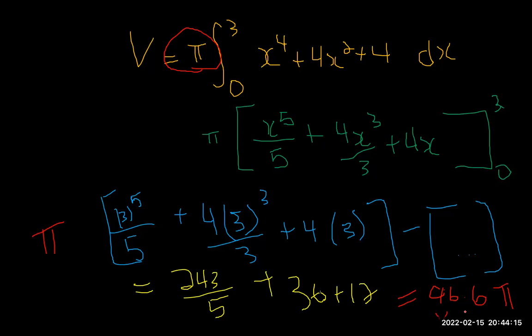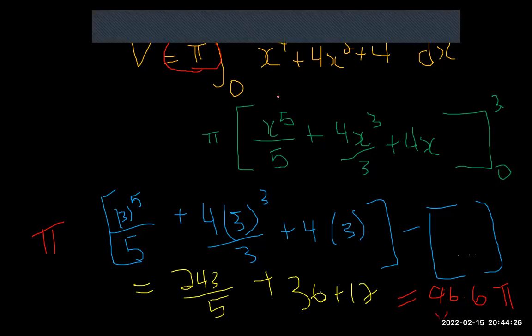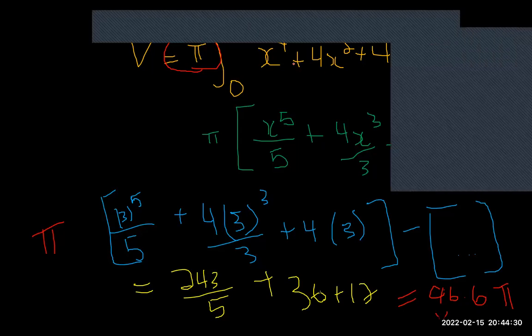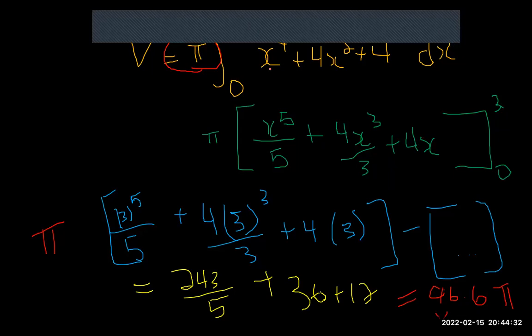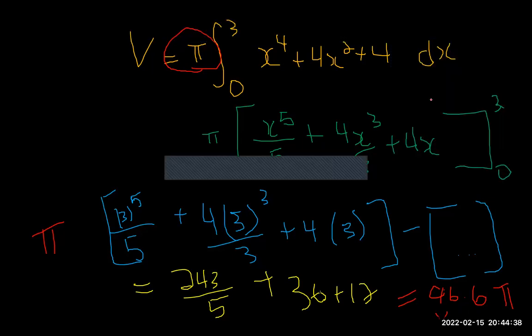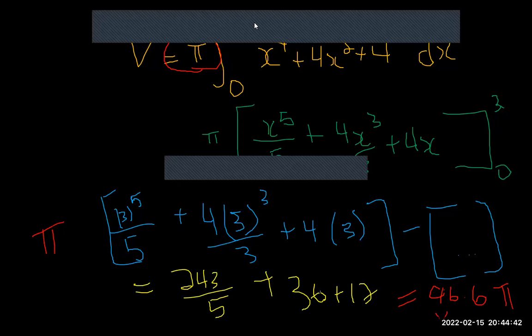Everybody good? Yes, Miss. Okay, cool. Your turn. Wait, could you write the units? Could you write the units? It's just unit, 96. Units cube or cubic unit. You good?